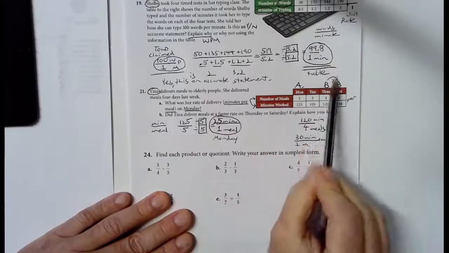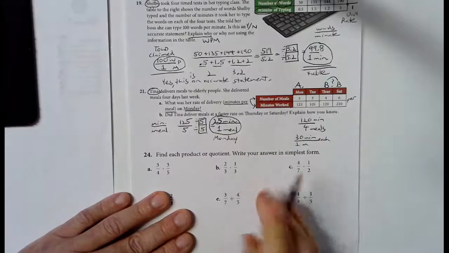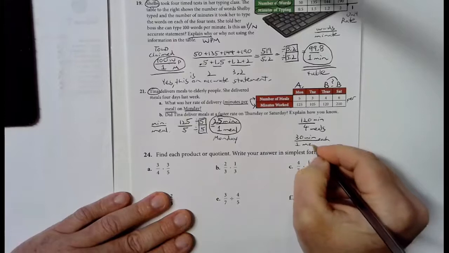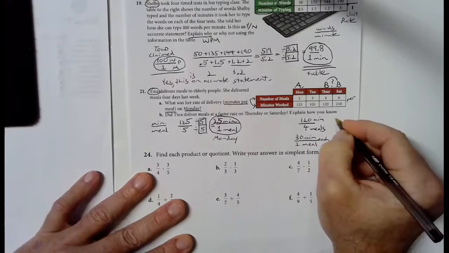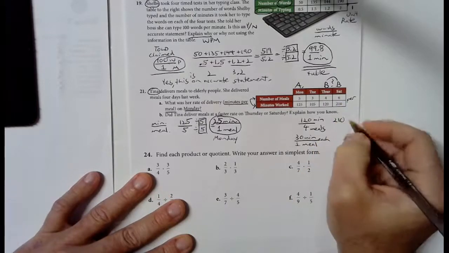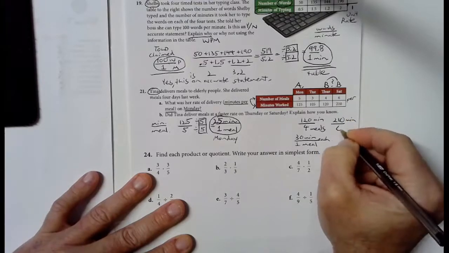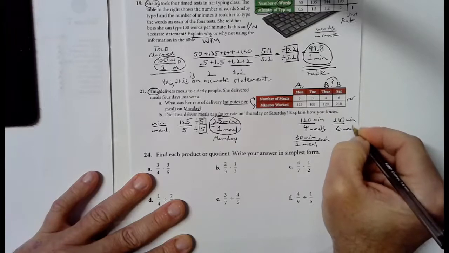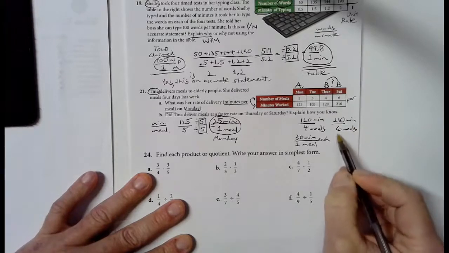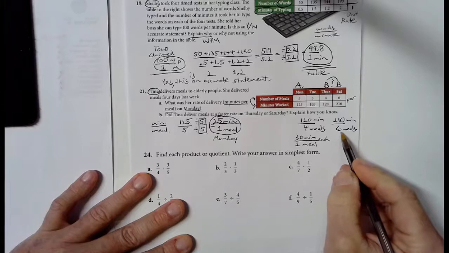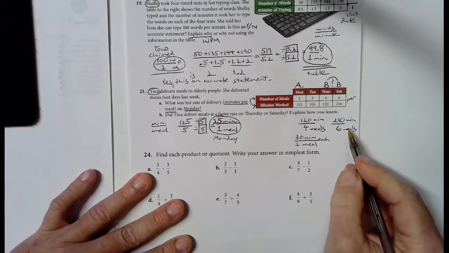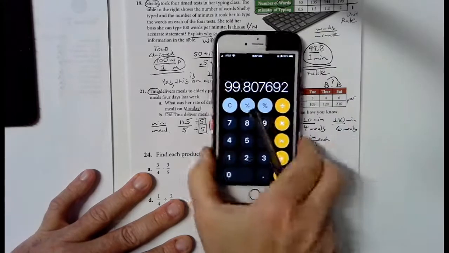Remember, where did I put all that stuff? I don't know. Oh, that was on the first answer key. Okay, 210 on Saturday minutes for 6 meals. If I do a little quick mental math there, I know 6 times 30 is 180. I'm going to go ahead and do the calculator.